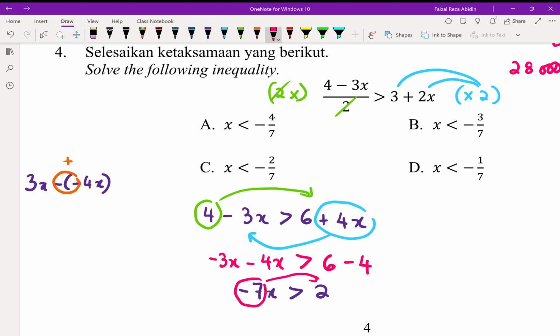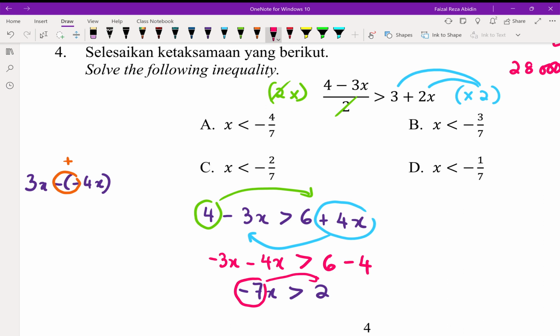Misconception. Negative 7 cannot be positive. Why? Just now, 4 bring to the right, how come become negative? Now negative 7 bring to the right, how come cannot be positive?